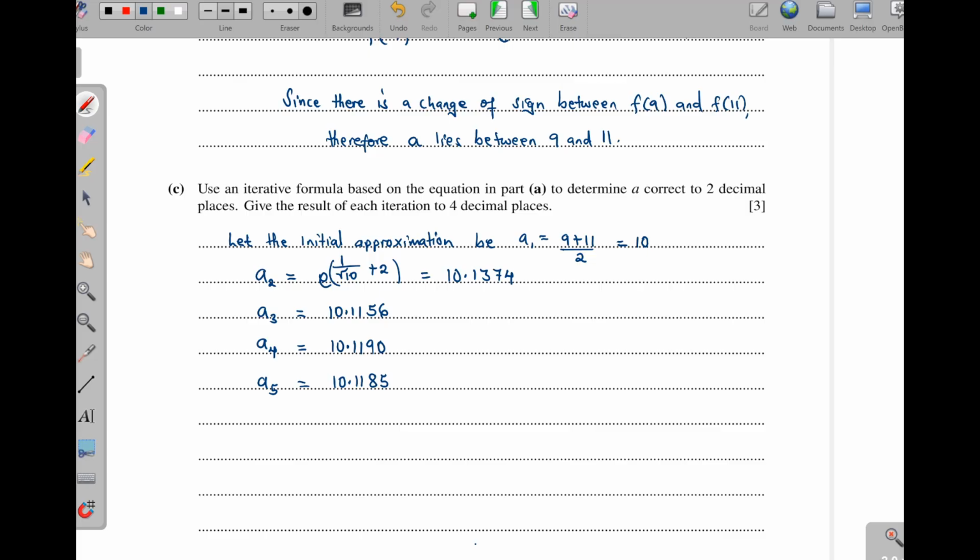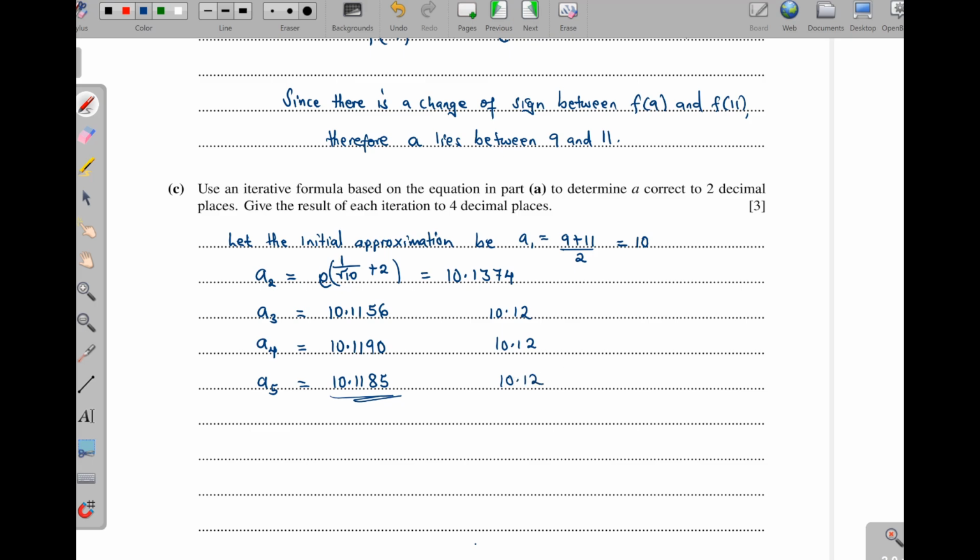That is when you get 3 consecutive values that are giving you the same value correct to 2 decimal places, okay? Now, this one here to 2 decimal places is giving us 10.12. Then here, this is 10.12. And then also here, 10.12.